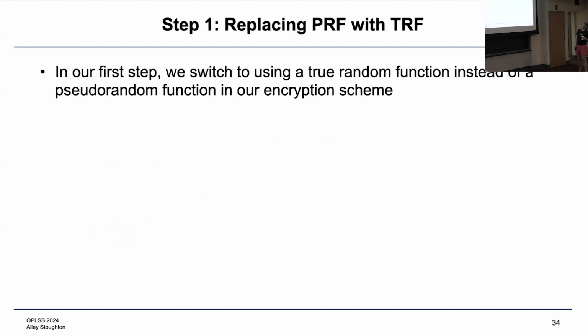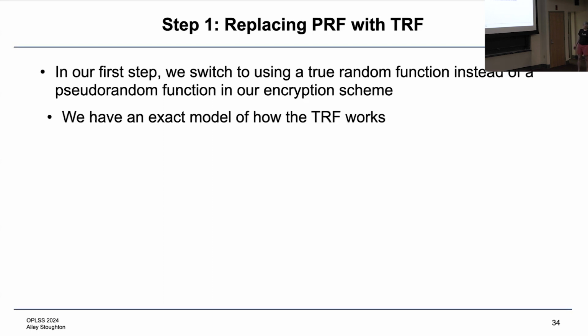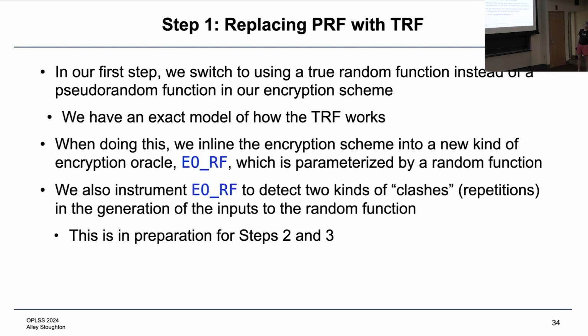Okay, so step 1. What we're going to do is replace the PRF with the TRF, the pseudorandom function based random function module, with the one that is based on true randomness, because that's going to give us a handle for doing the rest of the proof. And we do that because we have an exact model for how the TRF works.